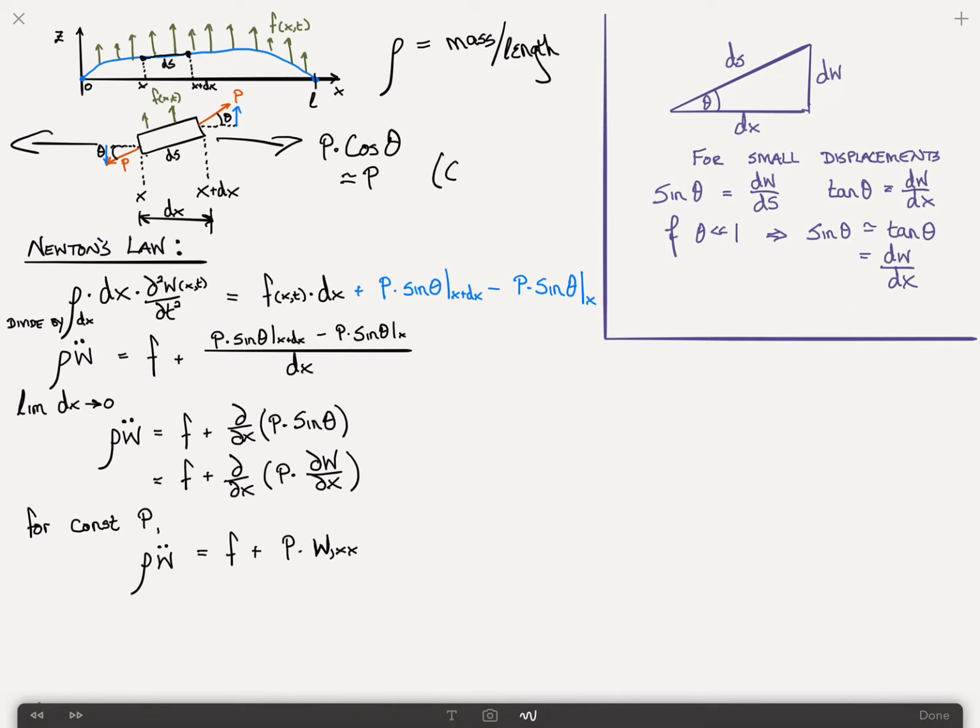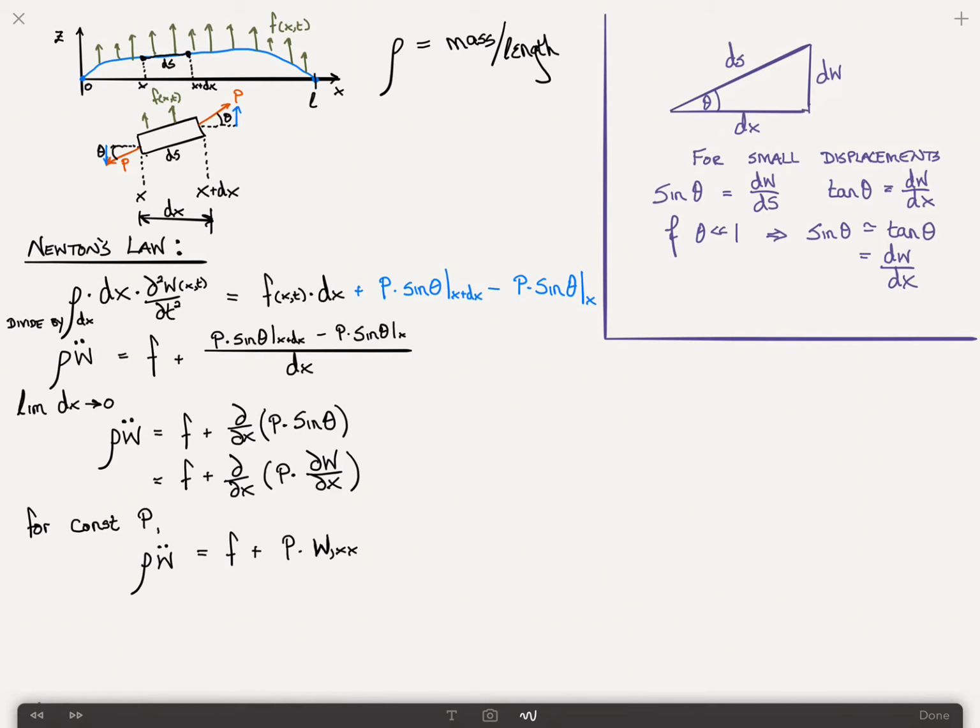I'm going to delete it to make space, but the point I'm making is that p at x is the same as p at x plus dx. Why? Because this differential element is not moving in the horizontal direction, so the loads on each side are balanced. Therefore p is constant. So this assumption of a constant p is perfectly valid, on the condition that there is no horizontal displacement, and that's based on the assumption of small displacements.